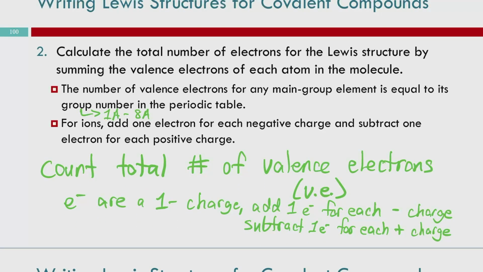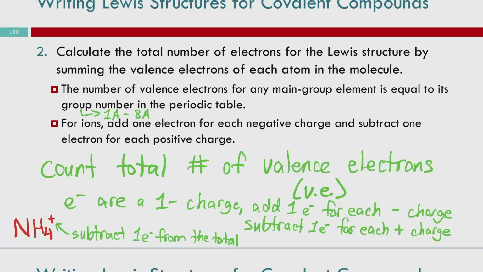For example, ammonium, NH4+. It has a 1 positive charge, so this means subtract 1 electron from the total. So nitrogen has 5.